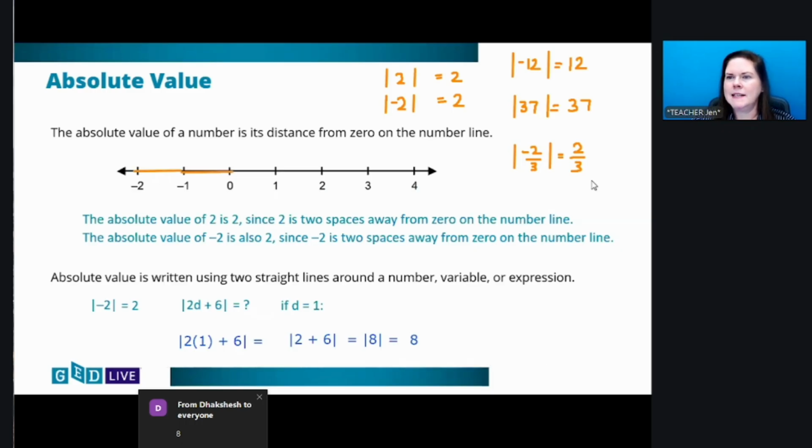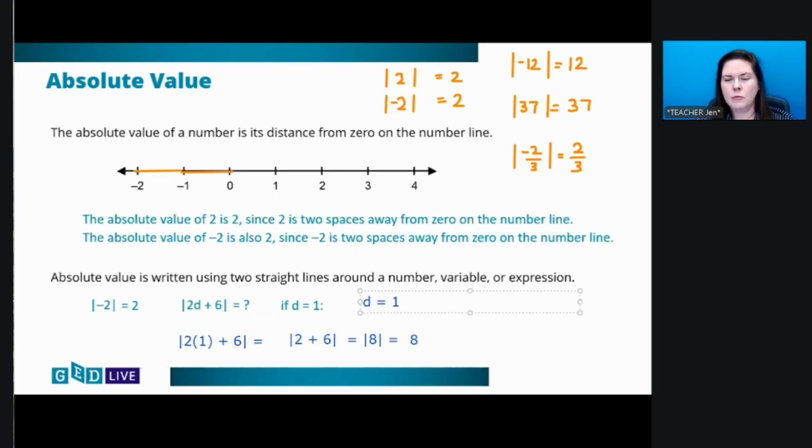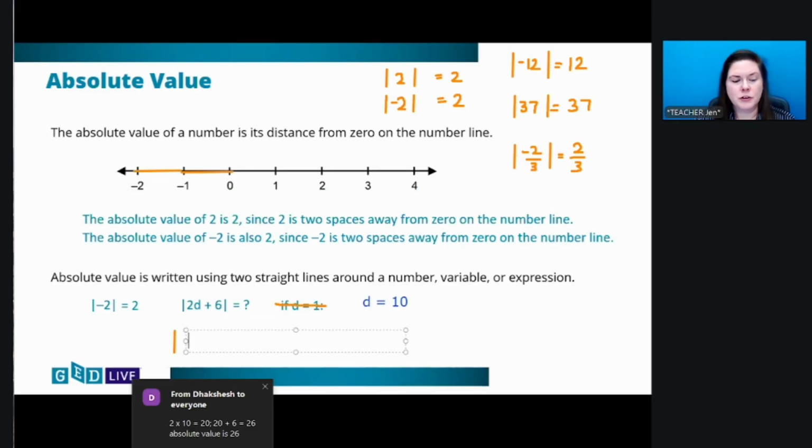Okay, so let's do another example. I'm going to make d equal to 10. And we're going to do this exact same example, except instead of d is 1, we're going to put in d is 10. So let me take it back. And I'm going to rewrite this as 2d, so 2 times 10 plus 6.